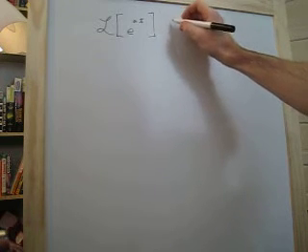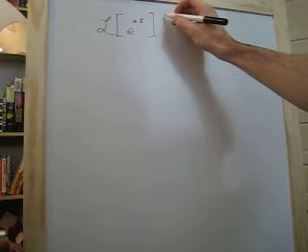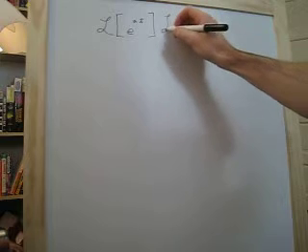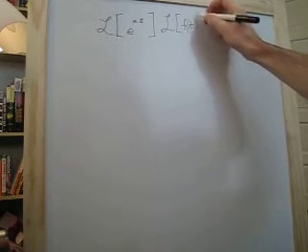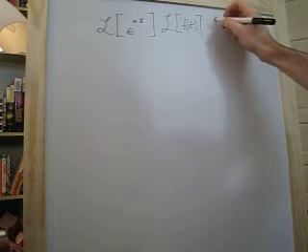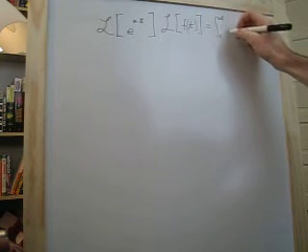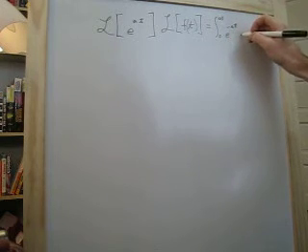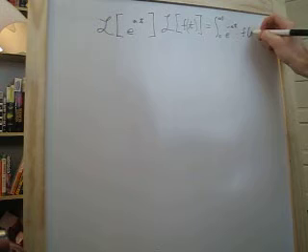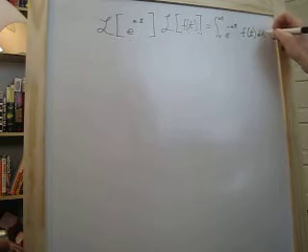So if we recall, our formula is equal to the Laplace of f of t is equal to the integral from 0 to infinity of e to the negative st times f of t dt.